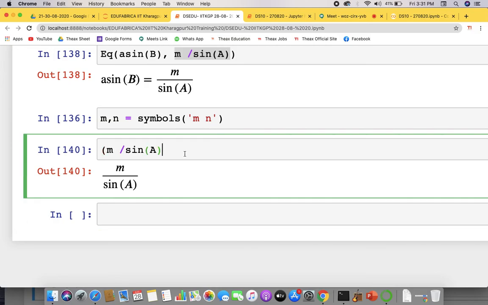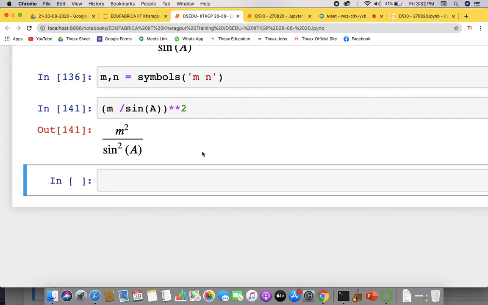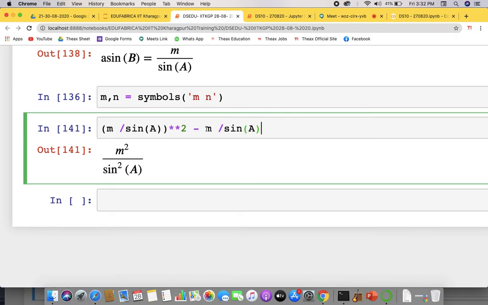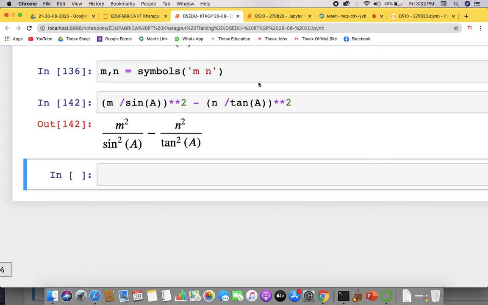Okay. So the whole square of this, that is m² by sin²a, minus this is going to be n by tan a, and the whole square of this even.